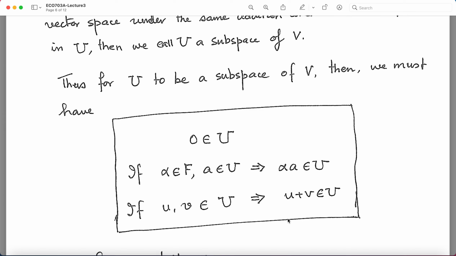Both of them I can borrow from V, but just by borrowing those operations, you cannot make U a subspace.